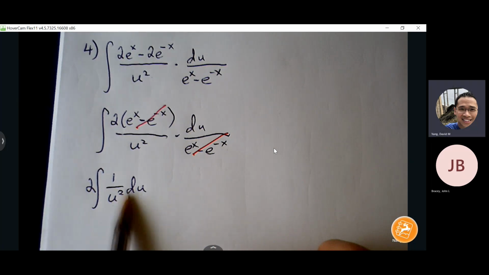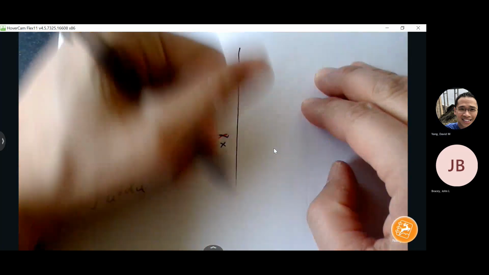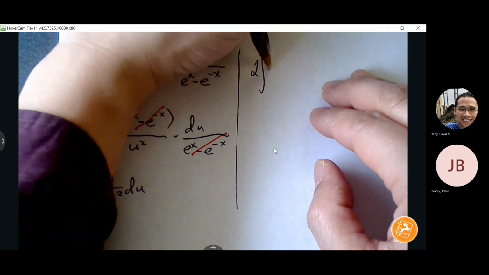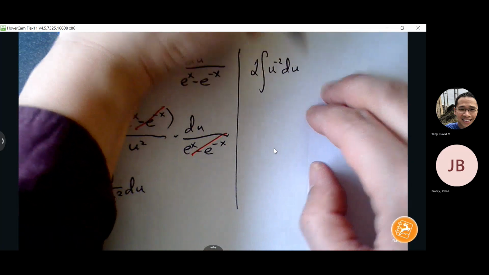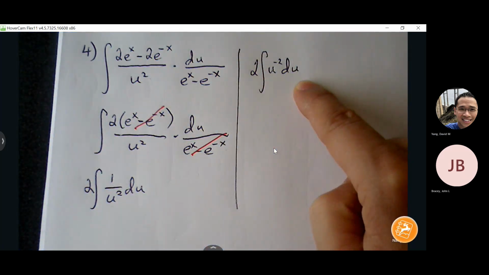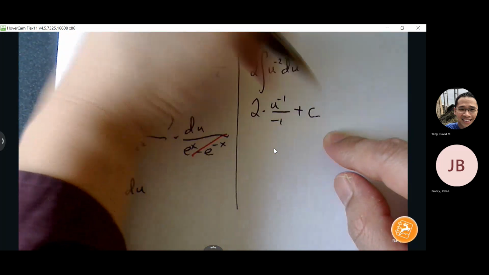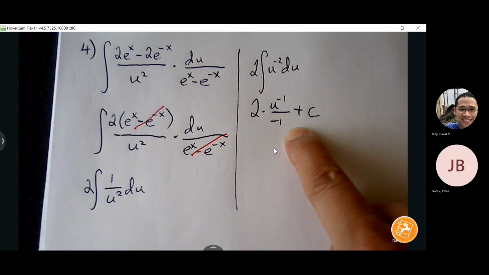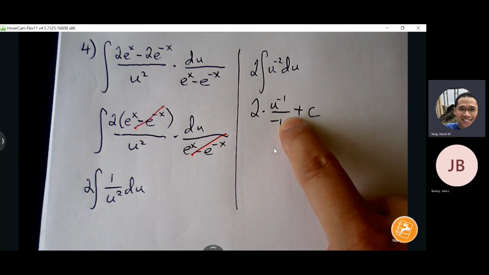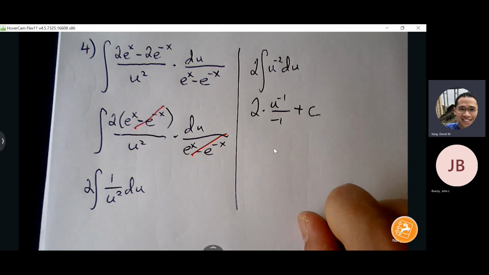Any other power, you got to bring it up and go through power rule. There's my antiderivative. I'm just going to do some cleanup here and then replace the u back in terms of x.